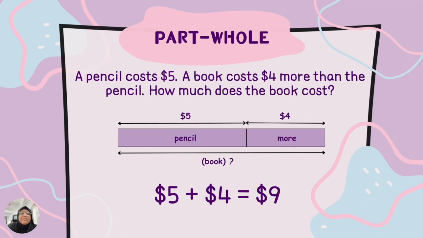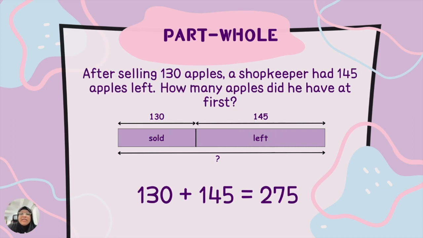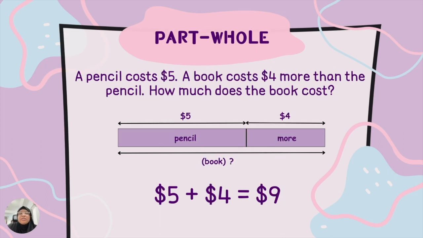Okay, for the earlier 2 questions, if you notice, they were all talking about one object: candles, and here, apples. But sometimes for the part-whole model, they can talk about 2 different items. For example, in this question: a pencil costs $5, a book costs $4 more than the pencil. How much does the book cost?